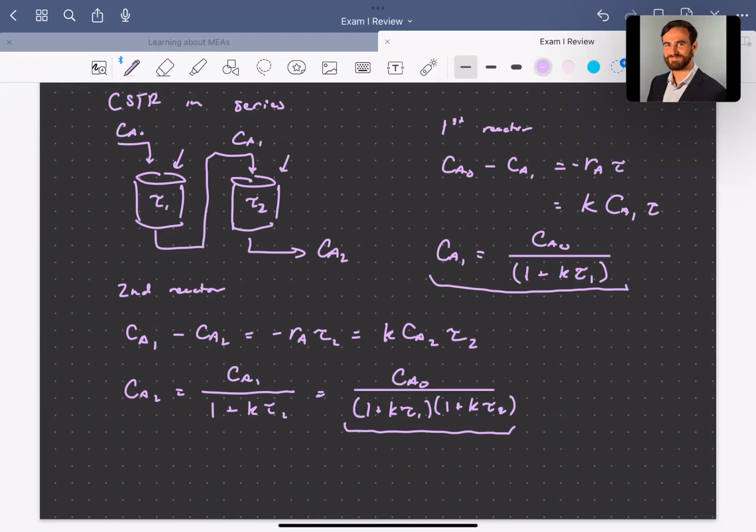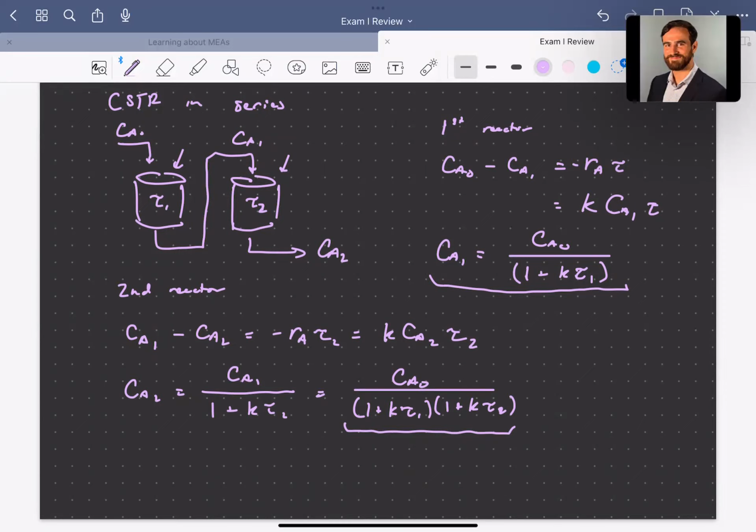So here we have no preference for order of the reaction. Unlike the plug flow reactor, we do get different conversion. If we had just one larger CSTR, the conversion we would get for a first order reaction would be smaller, but the order of reactors is not important.